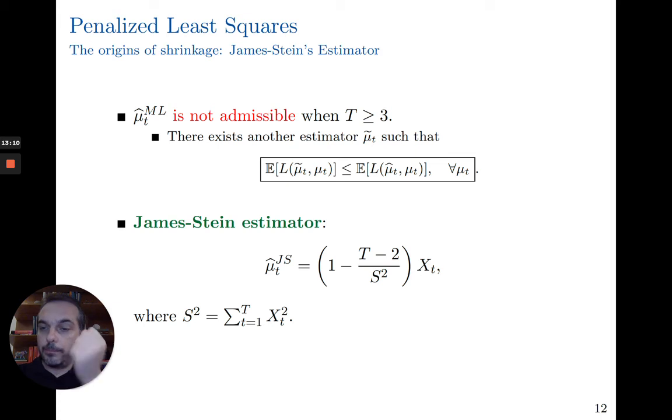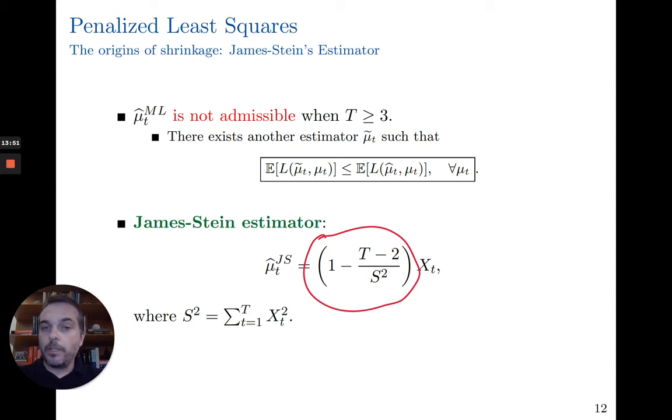So James and Stein proposed that there's a way to overcome that. The new mu hat, the James-Stein estimator of mu, will be x_t, but multiplied by this term here. And what is this term? It's 1 minus this ratio: the number of observations minus 2, divided by s squared. Okay? And what is s squared?